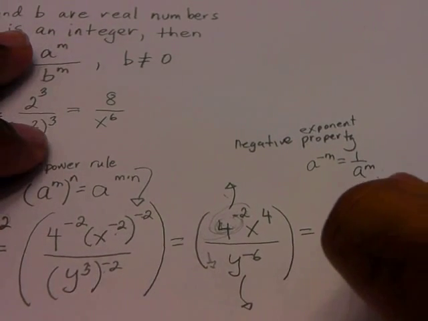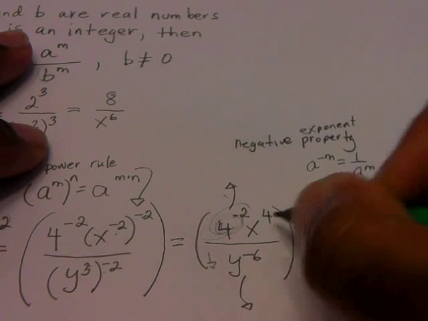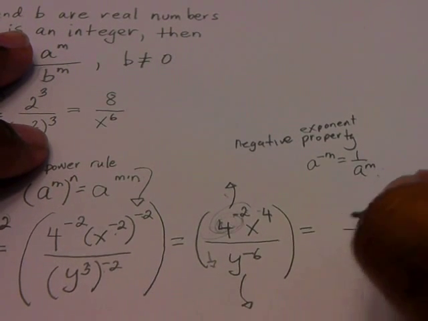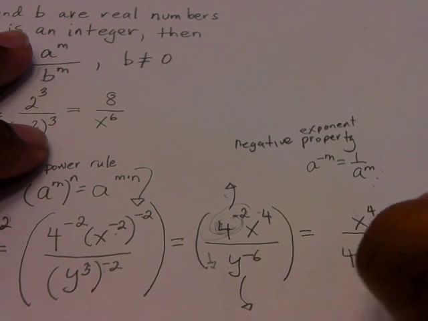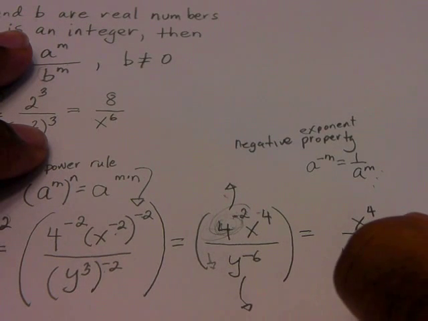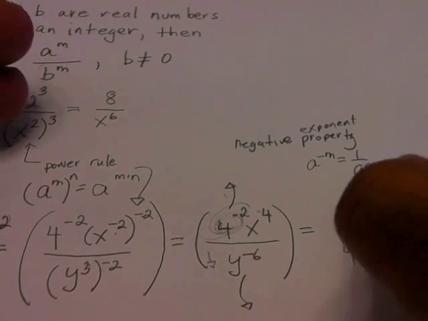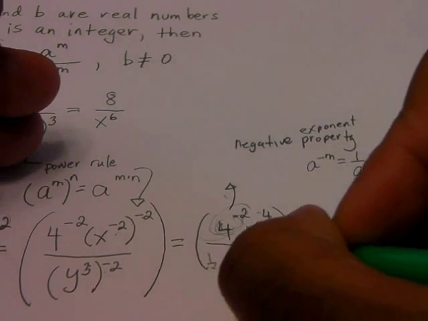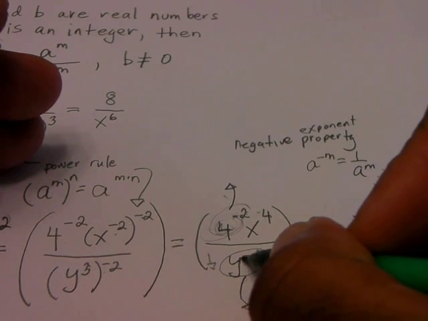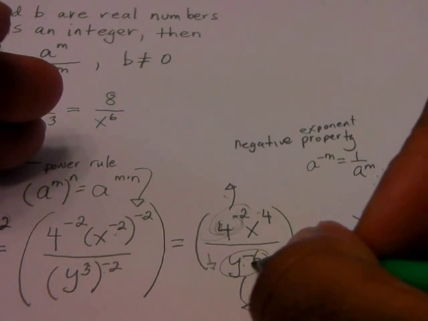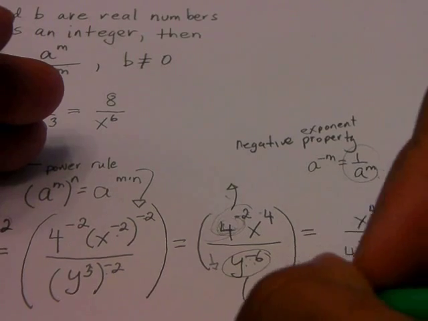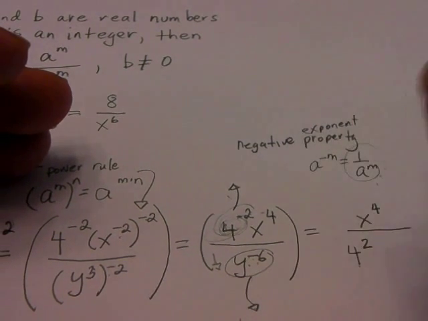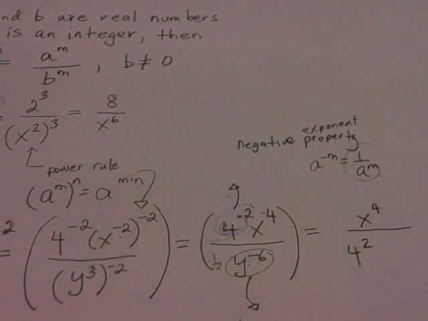That's what it is. All right, so we have x to the 4th, which is not negative, so it remains at the top. So you have 4 raised to the power 2 that comes to the bottom, because it's the same thing as 1 over 4 raised to the power 2. And then in this one, since this is negative in the denominator, this is going to be 1 over y to the positive 6.